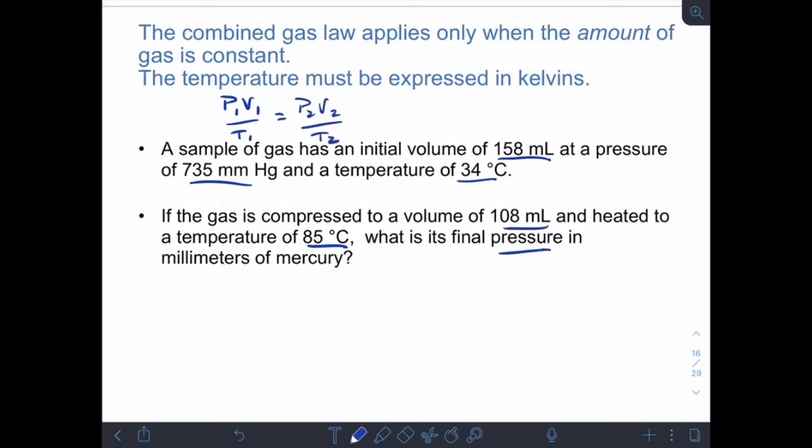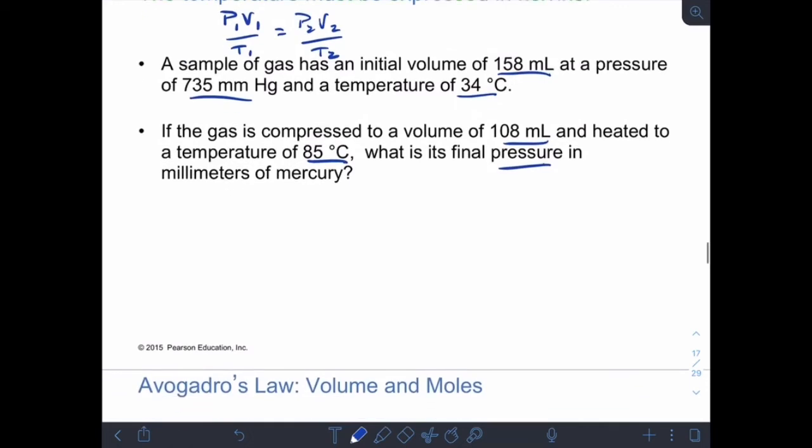We have three things changing in this equation. So again, it's useful to make a list. So I have P1 is 735 millimeters of mercury, V1 is 158 milliliters, T1 is 34 degrees C, which is 307 Kelvin.